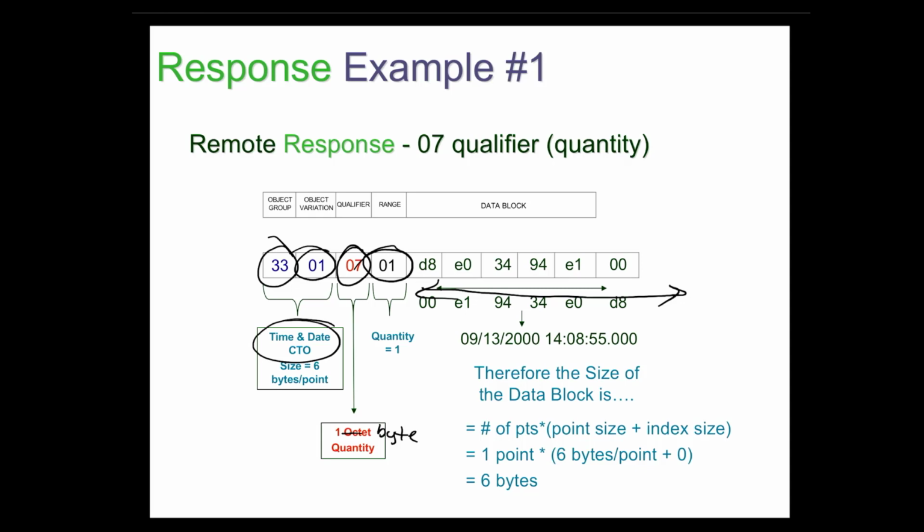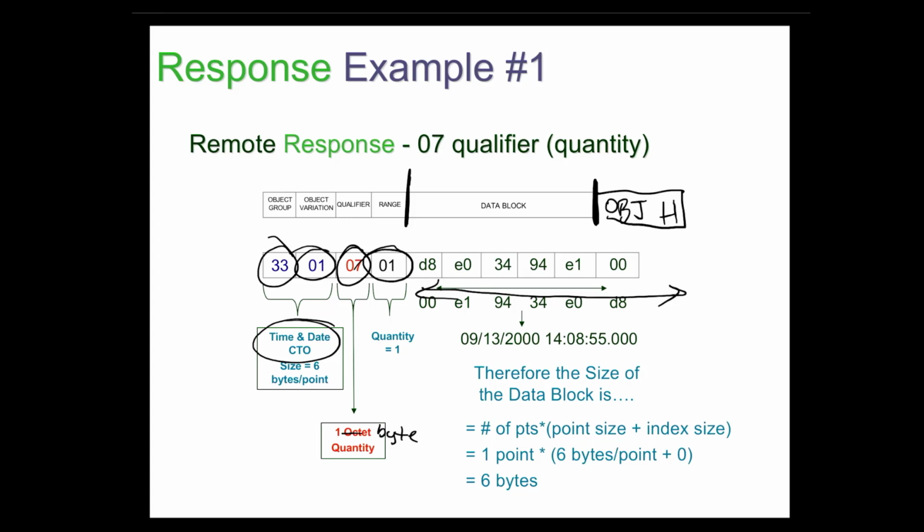And so that's where things become a lot more complex or complicated. And why would we need that in order to interpret a full response? Because that would be the only way we would know where the data block or the point data ended and another object header started. So that's the only way you know, is by looking that up in that document.